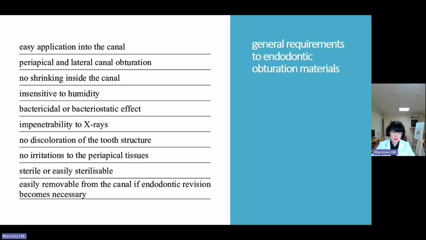It's an easy application into the canal, periapical and lateral canal obturation, no shrinking inside the canal, insensitive to humidity, bactericidal or bacteriostatic effect, radiopacity to X-rays, no discoloration of the tooth structure, no irritation to the periapical tissues in the periodontal space, sterile or easily sterilizable, easily removable from the canal if endodontic revision becomes necessary.